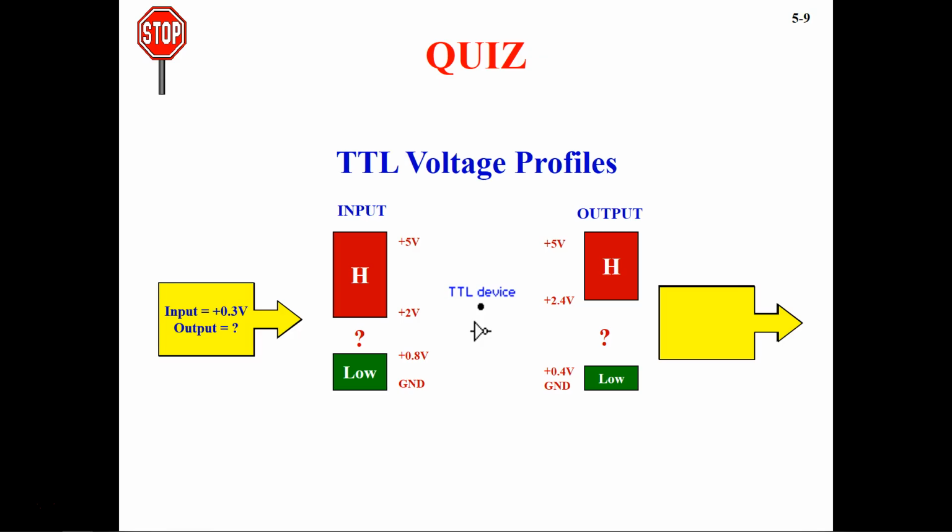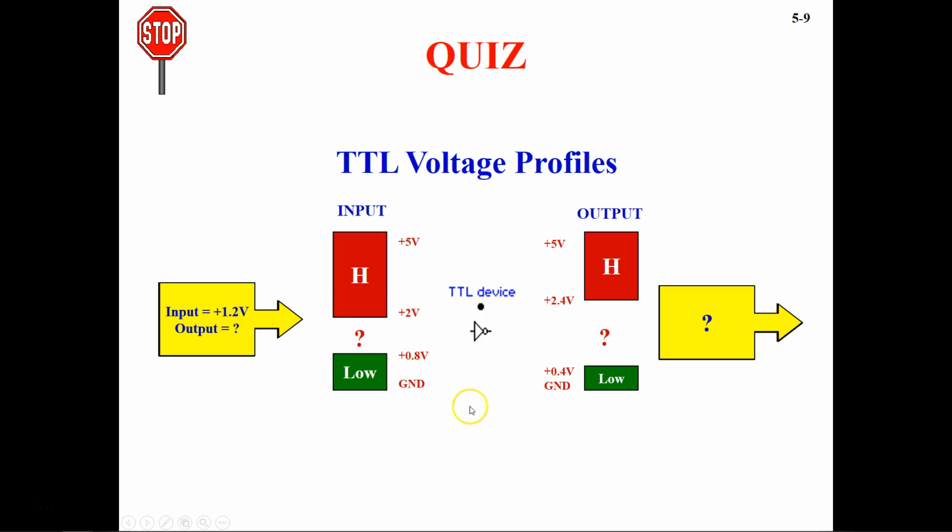Now we have 0.3 volts, which lies between ground and 0.8 volts, so this is going to be low. So that's why you have low here. And then what will happen if you have 1.2 volts? 1.2 volts is between 0.8 volts and 2 volts, and this region is not defined.